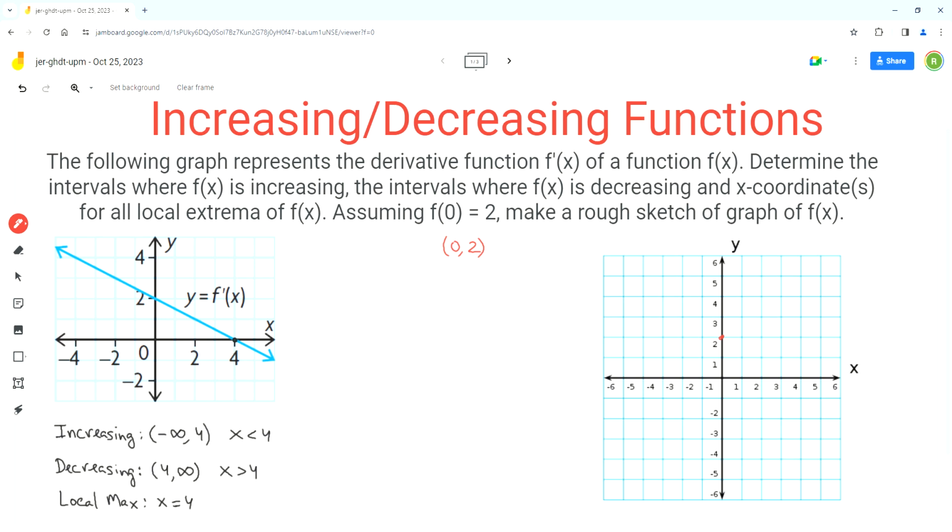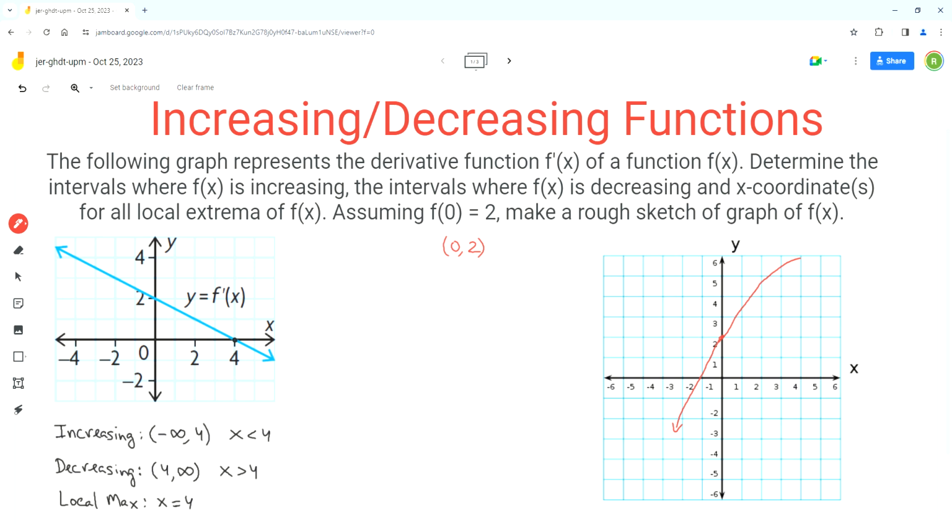That means on the left side of x equals 4, the graph is sloping upwards from left to right, because in that case, the slope of the tangent, or f'(x), will be positive, greater than 0. So we can show the graph of f(x) as a curve that passes through this point, and it keeps going up and it peaks at x equals 4.